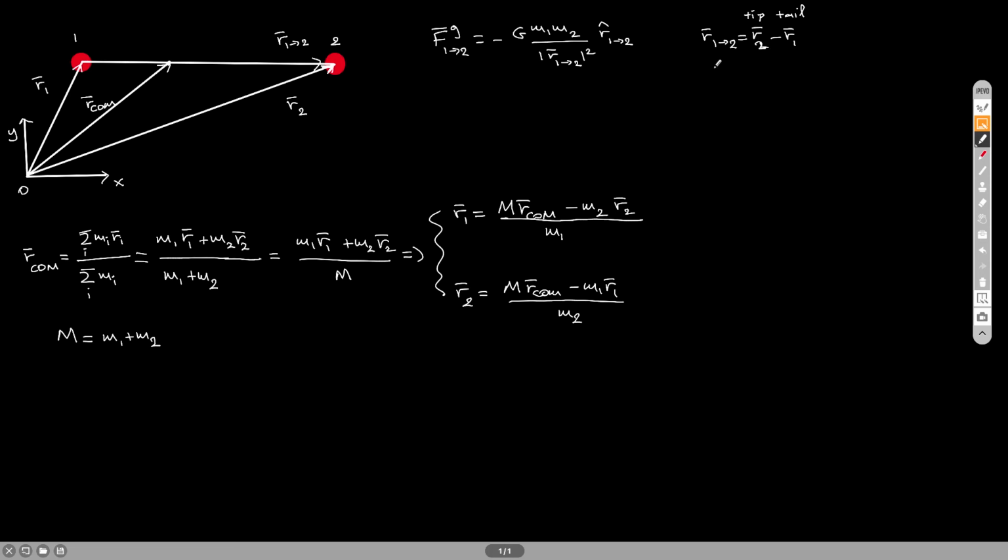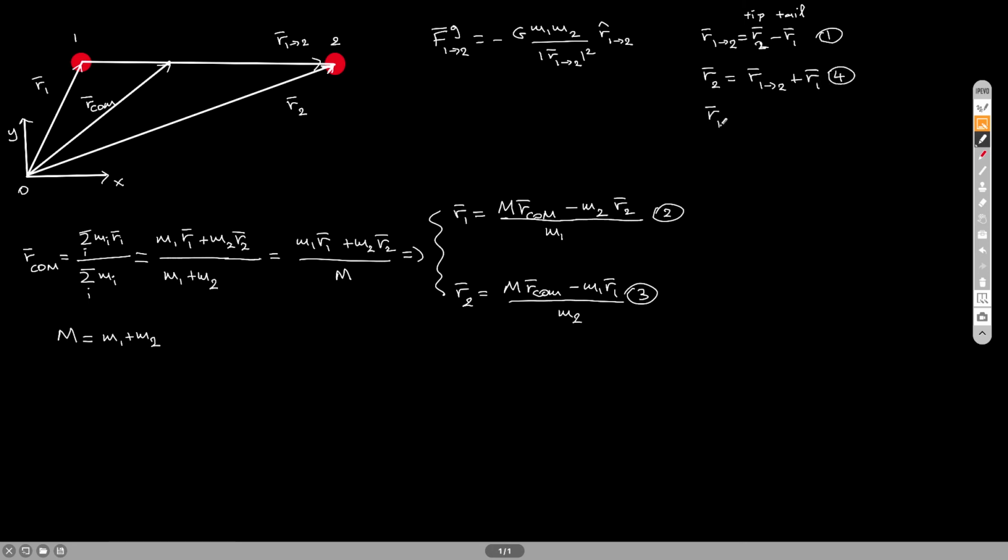And now I will do some more work. Let's call this equation 1, this equation 2, and this equation 3, so that we can keep track of everything. I can solve equation 1 for R2, and it will be the relative position vector from 1 to 2 plus R1. Let's call this equation 4.